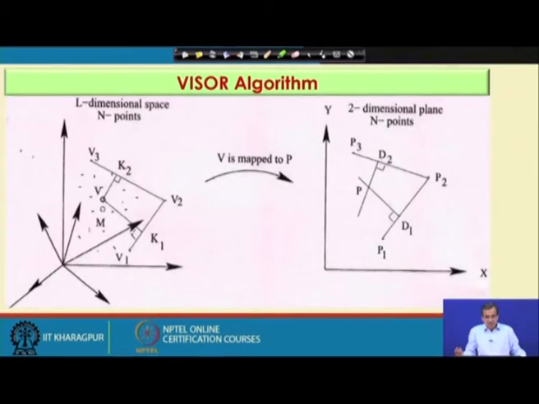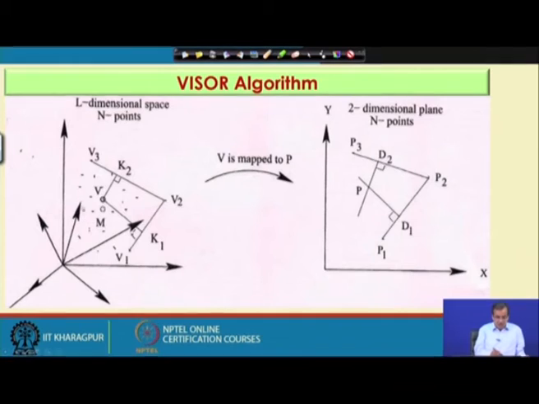I am just going to discuss in detail. Now, supposing that we have got the problem like this, we have got capital L number of data points in a higher dimensional space, that is L D space. Now, this is how to represent the L D space.